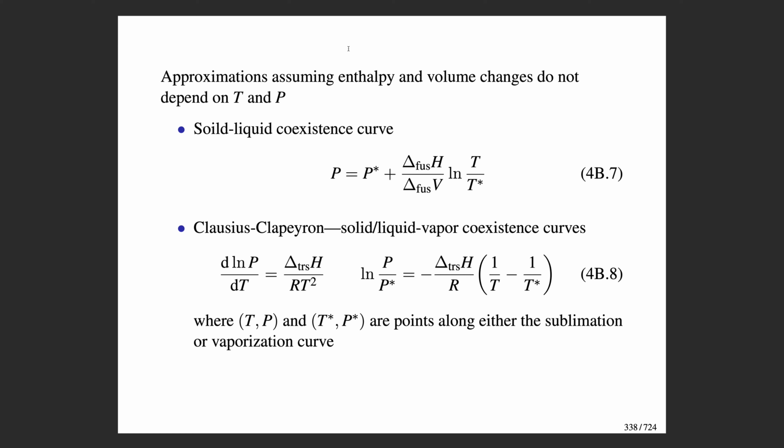One thing we can do is make the approximation that the enthalpy change doesn't depend upon temperature and pressure. It actually does, but we can assume that it's a constant if we're dealing with a small enough temperature or pressure change.